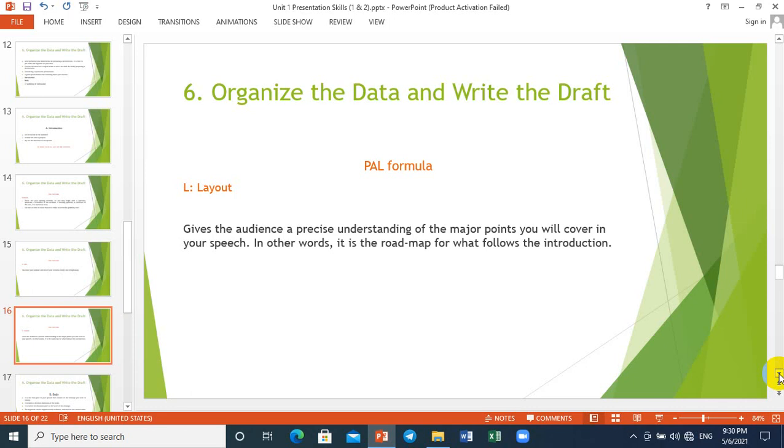So we need to tell the audience the content of our presentation, or what we cover in our presentation, and it can help you as the roadmap. When you do your presentation, you have to follow this map. Therefore, you don't lose your way, and your presentation goes smoothly.